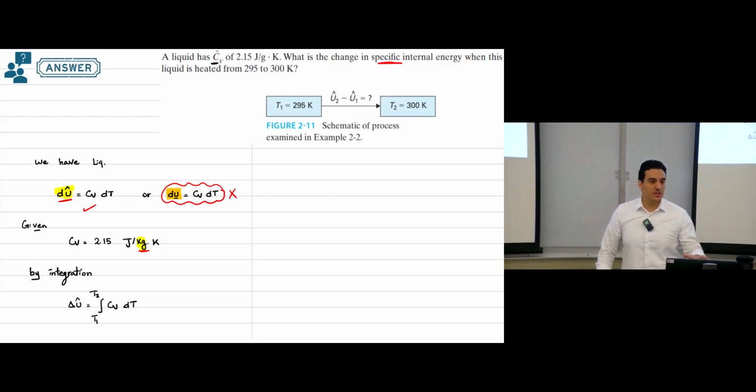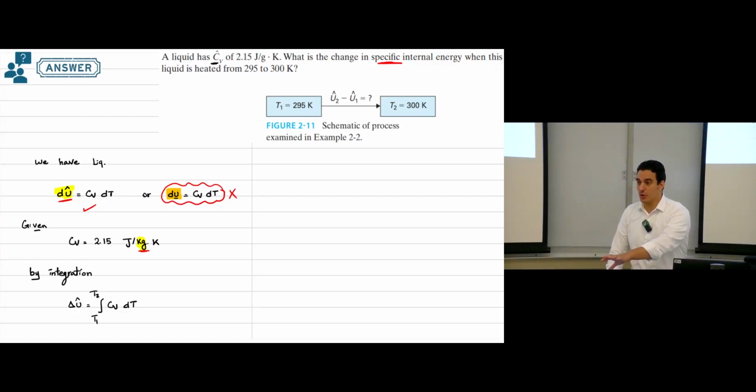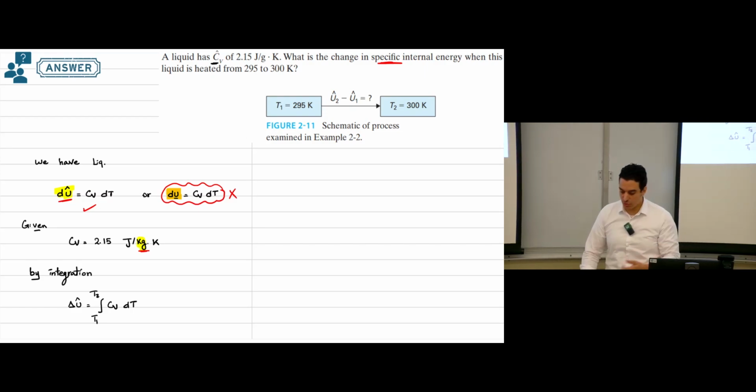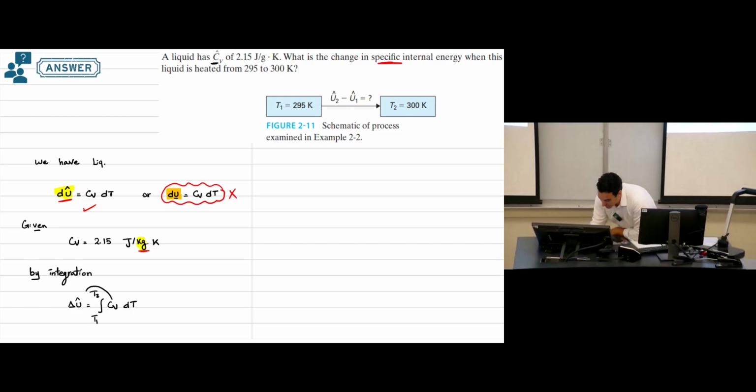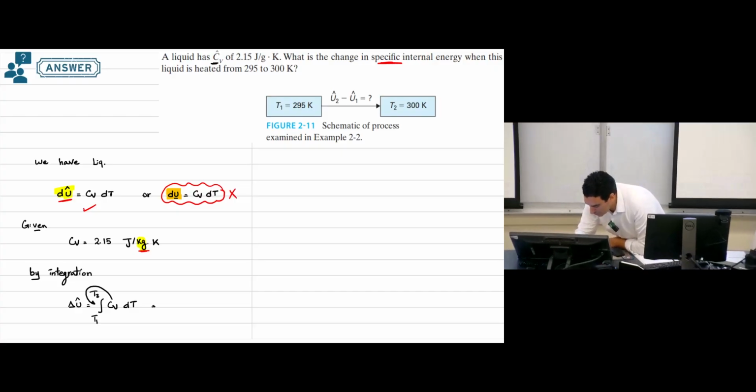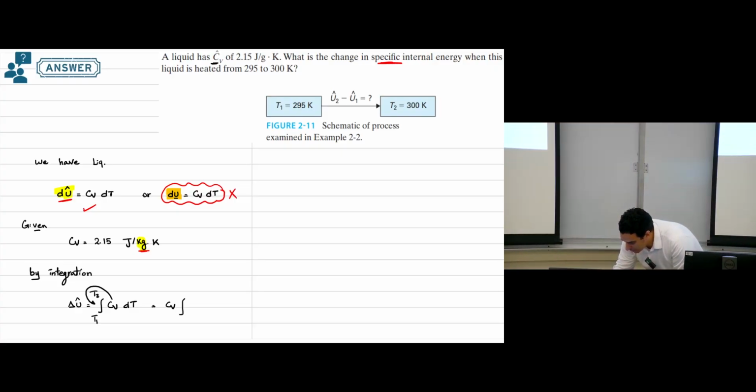Based on the problem, is the value of Cv constant or a function of temperature? It's constant. Since it's constant, we can take it out of the integration. So this will be Cv times the integral of dT from T1 to T2, which is Cv (T2 minus T1).